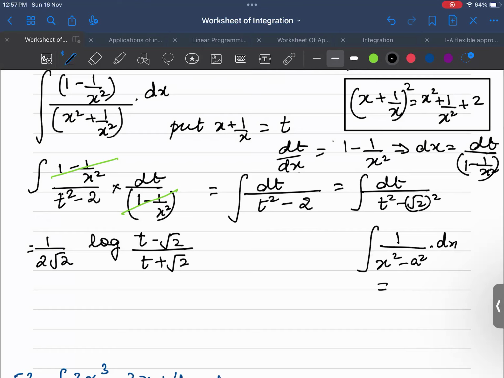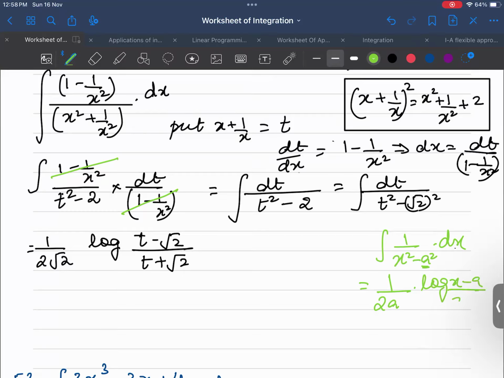Can I write it? Just give me a second. I will explain you with a different color. It's saying 1 upon x square minus a square dx. And we know 1 upon 2a, whatever the a is, we will bring it here, and log x minus a upon x plus a plus c.